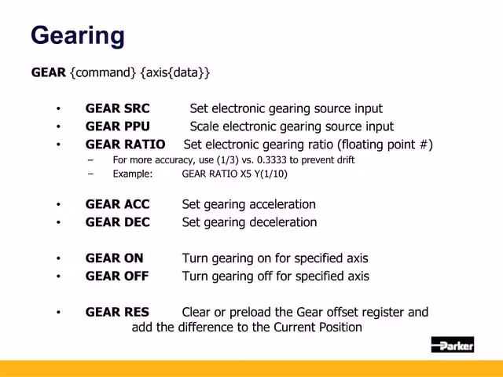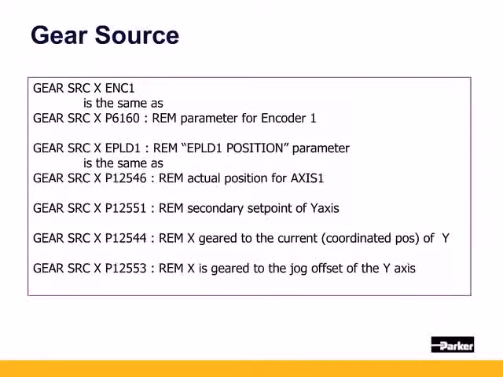If you wanted to gear X to Y, you could do this two ways: gear SRC X ENC1, or using the parameter number instead of encoder 1, gear source X P6160. On EPL axis, the encoder feedback is coming across the Ethernet Powerlink, not the physical encoder inputs.